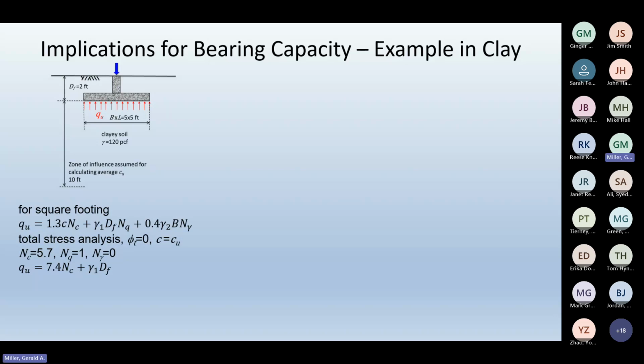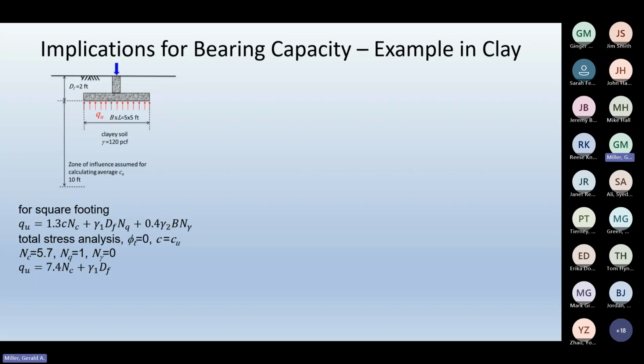I'm assuming a square footing, 2 foot embedment, 5 by 5, a unit weight of 120. Obviously water table is below this. This is the unsaturated zone. And again, I'm assuming, actually that 10 foot should go up to the surface, 10 feet of influence depth. Basically the extent of my data that I had from the two sites.